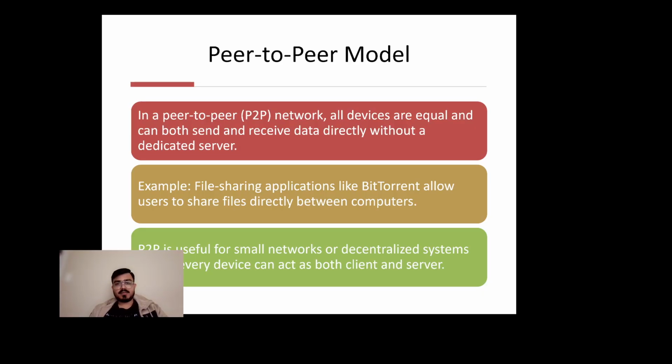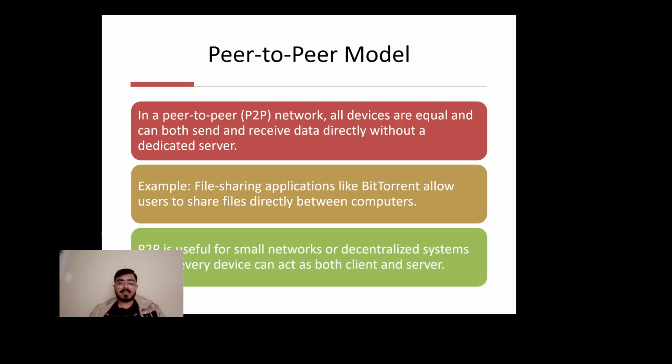So let's see the peer-to-peer model. There is another model called peer-to-peer or P2P. In this type, every device is equal. There is no dedicated server. Each device can send and receive data directly.